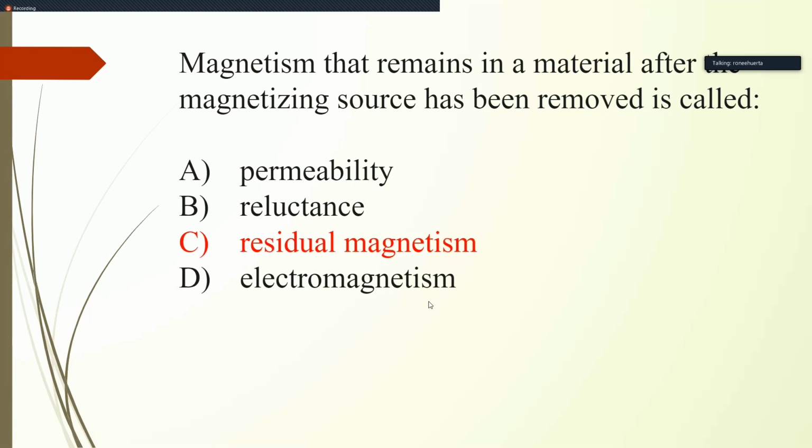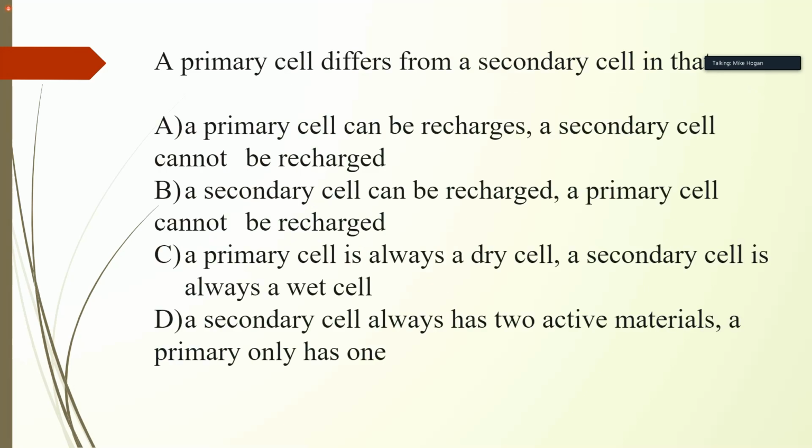You're 80% right. In terms of electromagnetism, when we have something that we are magnetizing, as we talked about, we apply electricity and we get that magnetic field. That's an electromagnet, and then that residual magnetism is what's left over.